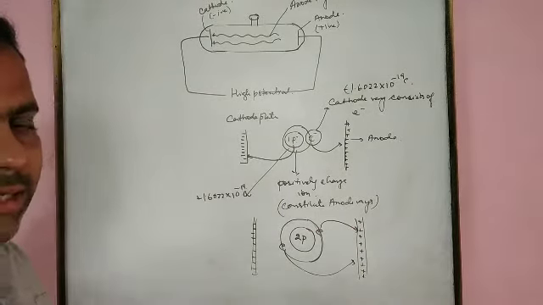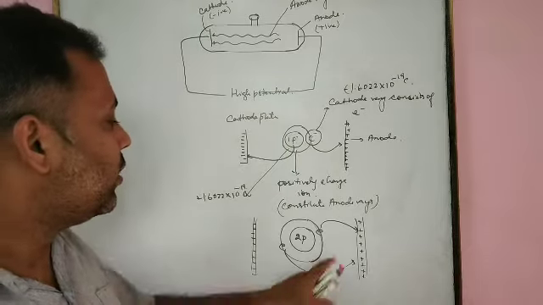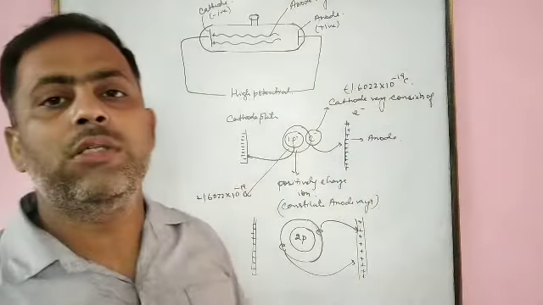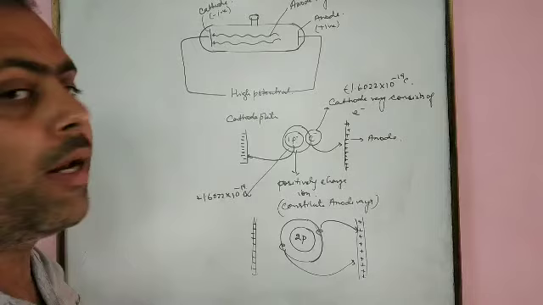If we determine the charge, we get the same charge, 1.6022 into 10 to the power minus 19 coulomb.